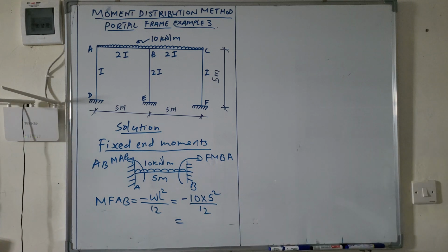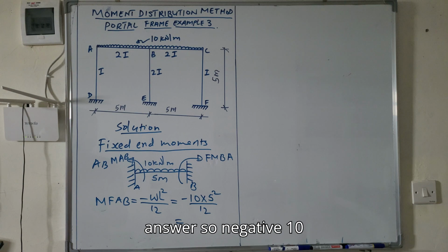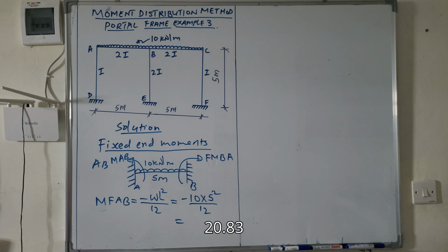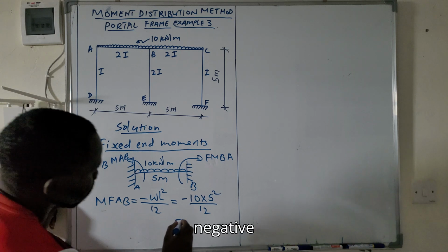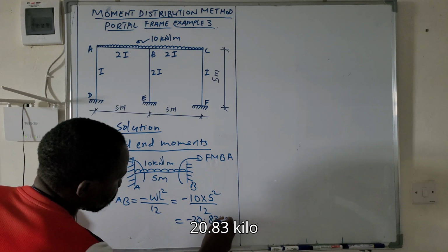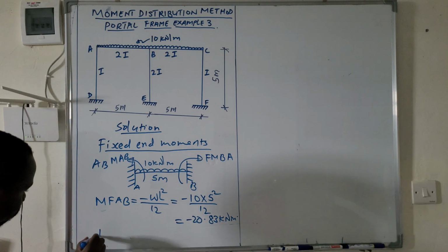You can punch your calculator and get the answer: negative 10 times 5 squared over 12. So the answer is negative 20.83 kilonewton meter.